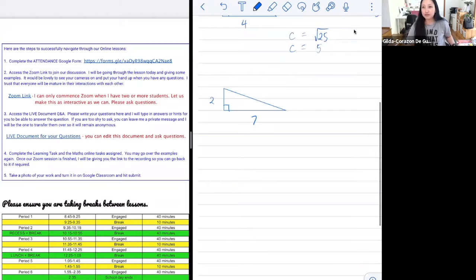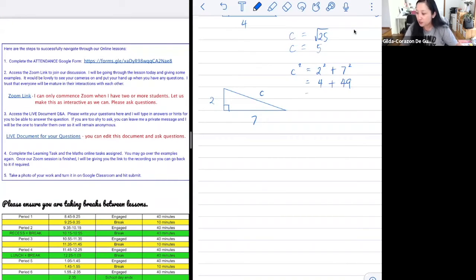All right, so we've got the legs to be 2 and 7. So we've got C squared, we start with that. It's equal to 2 squared plus 7 squared. And we use our calculator: 2 squared, you get 4. When you press 7 squared on your calculator, we learned a while ago, it was 49. Who remembered that?